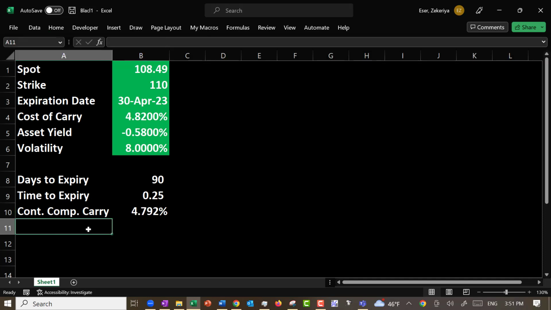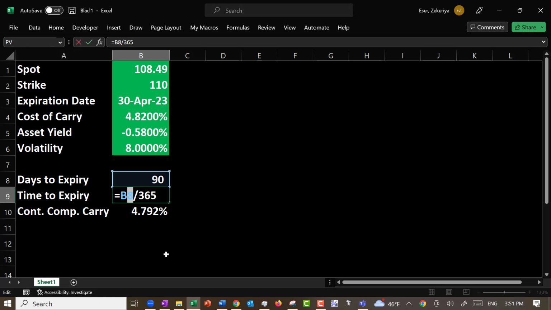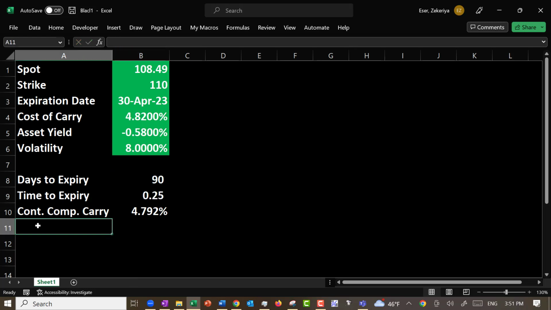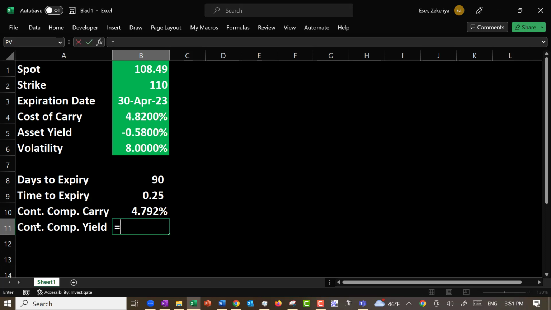That's it. Continuously compounded yield: days to expiration divided by 365. Same deal. ln of 1 plus asset yield times time to expiration, divided by time to expiration.